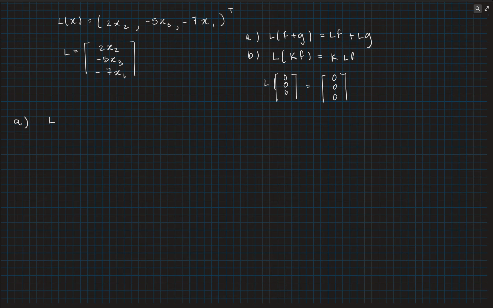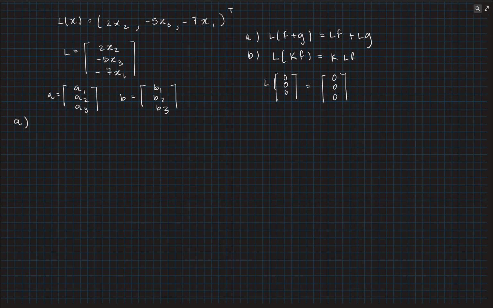So we need two different vectors. I'm going to call one vector A, which is A1, A2, A3. And I'm going to have another vector B, which is equal to B1, B2, B3. These are two separate vectors, any vectors in R3.